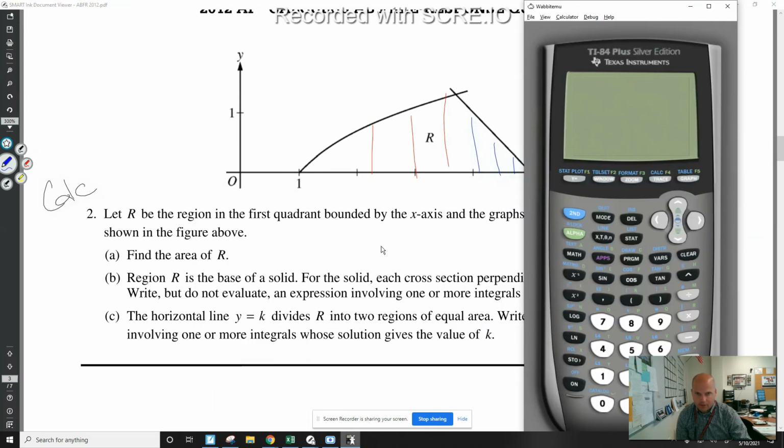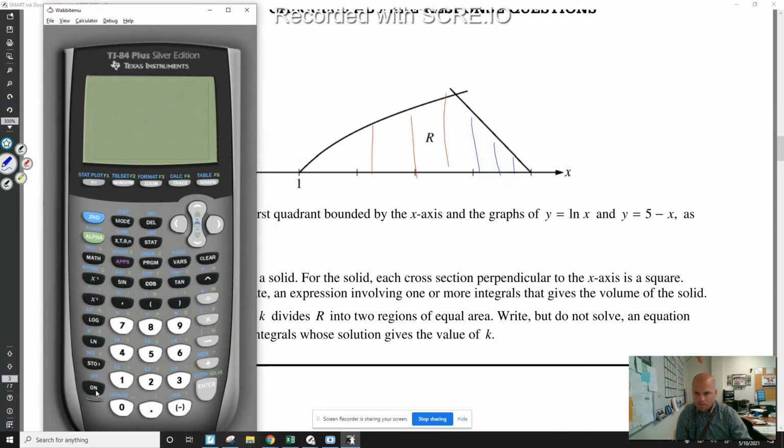Back when we were learning this stuff, you had this on your homework. So we got log x, 5 minus x. Second calc, intersect. Go to the right, that way it uses it. All right, that's an x, so that's a y. It's saved as x, and it's saved as y.